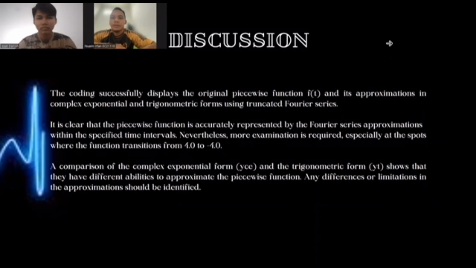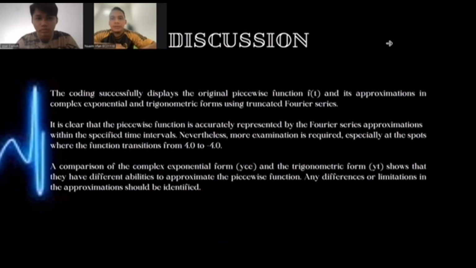Nevertheless, more examination is required, especially at the spot where the function transitions from 4 to -4. A comparison of the complex exponential form YCE and the trigonometric form YT shows that they have different abilities to approximate the piecewise function. Any difference or limitation in the approximation should be identified. So that's all from me.